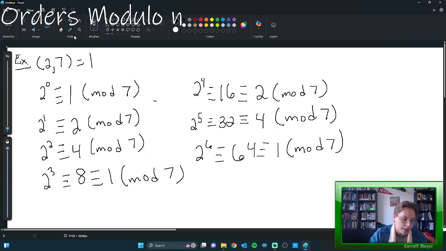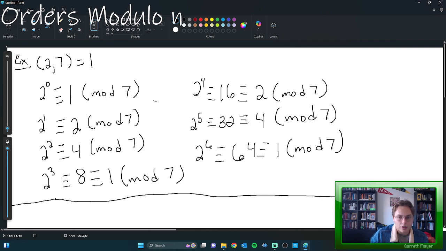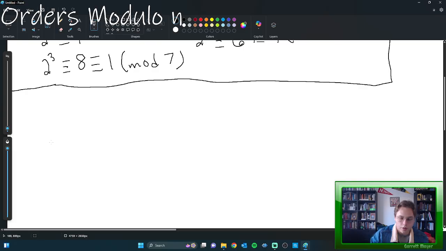Now that we have that exercise out of the way, let's start proving some theorems about powers in modular arithmetic to develop this definition of orders. The first theorem we're going to go over is theorem 4.2.